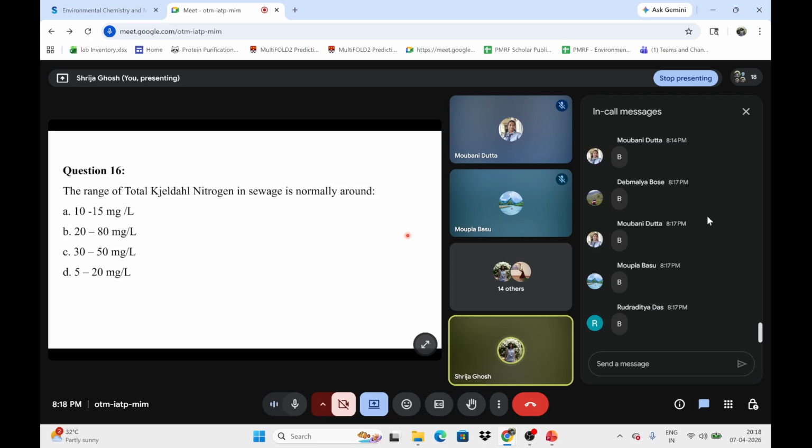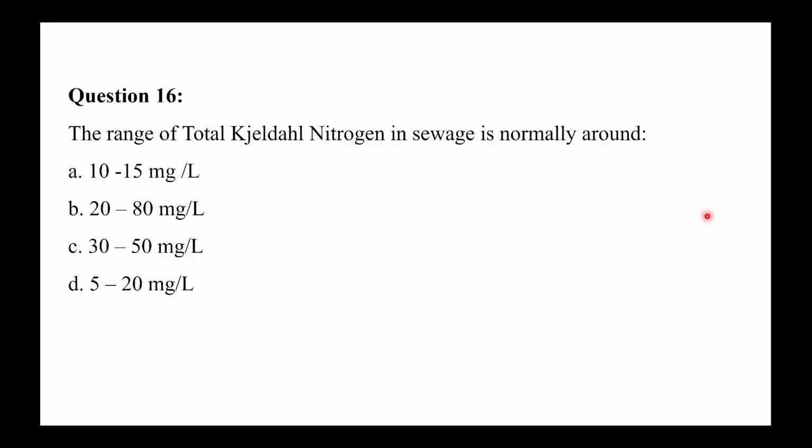I can see 4 of you have answered option B, 20 to 80 mg per liter. That is the correct answer. Total Kjeldahl nitrogen is basically the total organic nitrogen present in the sewage. So what do we mean by organic nitrogen? Any ammonia or ammonium ion form.